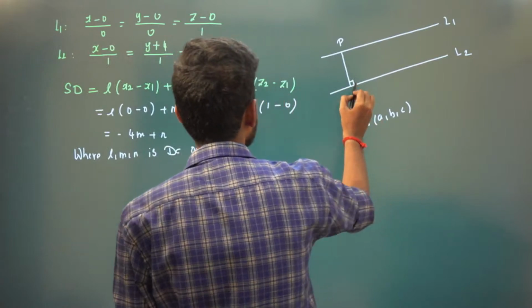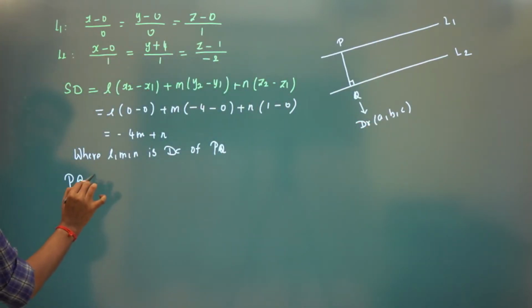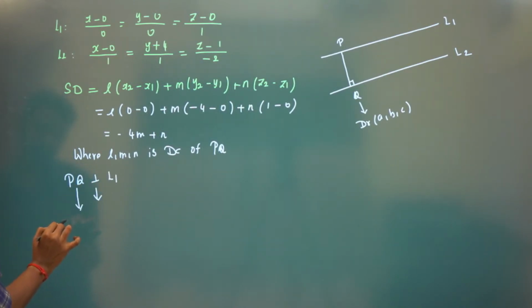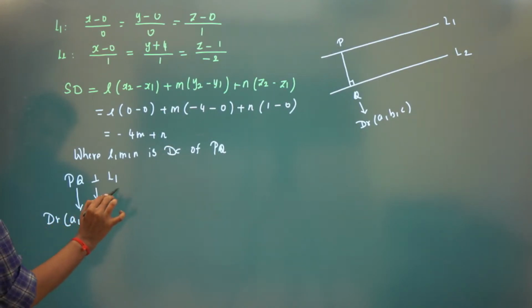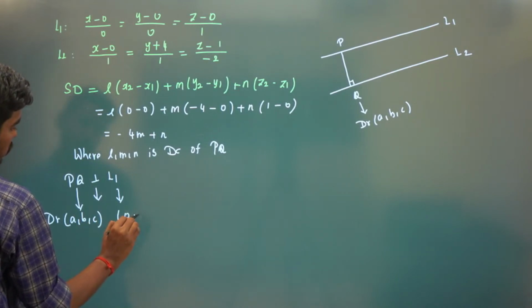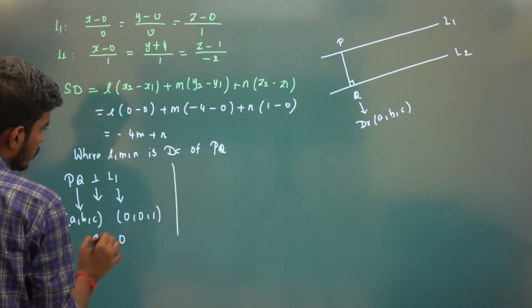Now we know PQ is perpendicular to L1 and also to L2. The direction ratio of PQ is a, b, c and L1 direction ratio is 0, 0, 1. They are perpendicular, which means c is equal to 0, since a1a2 plus b1b2 plus c1c2 is 0.